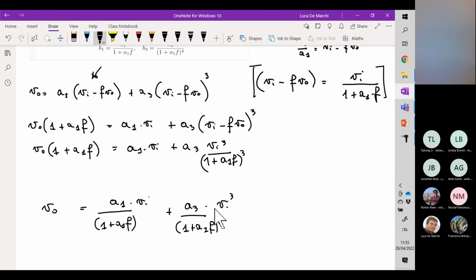This quantity can be found by looking at the position in which T of j omega is equal to 1, and this is it, basically, this one.